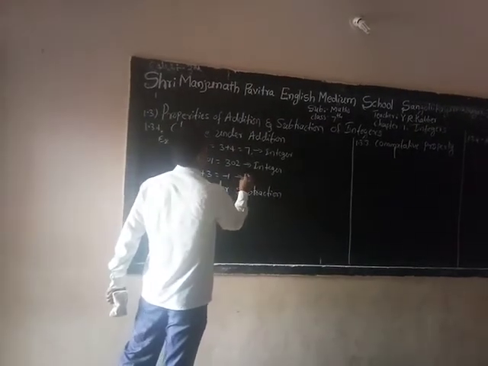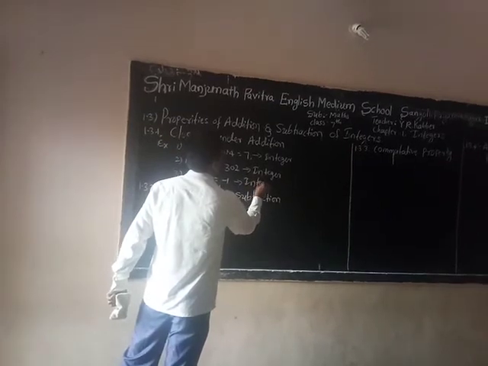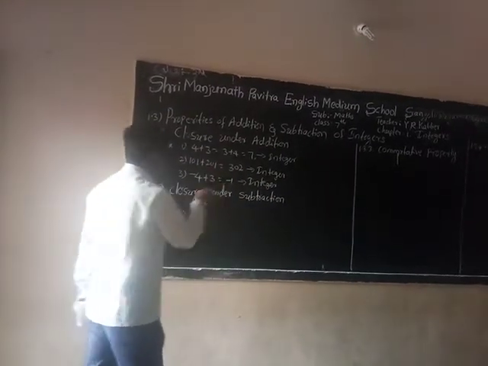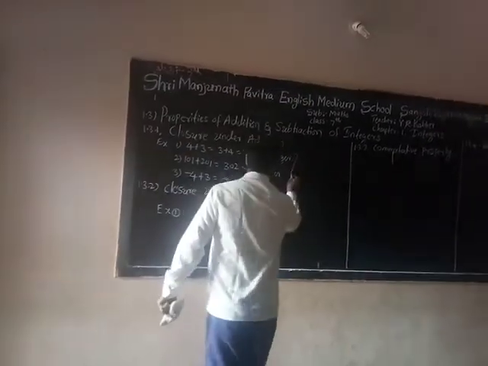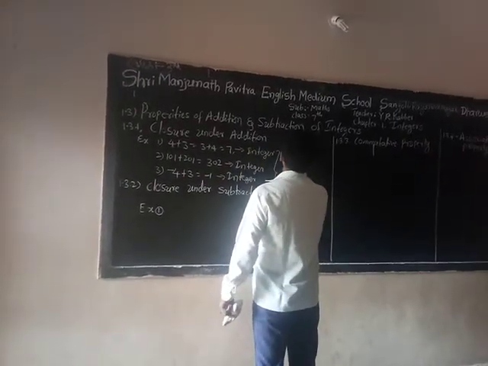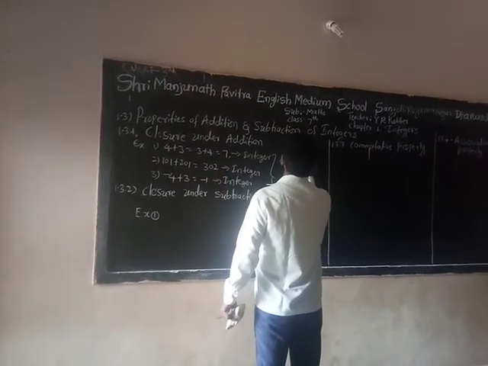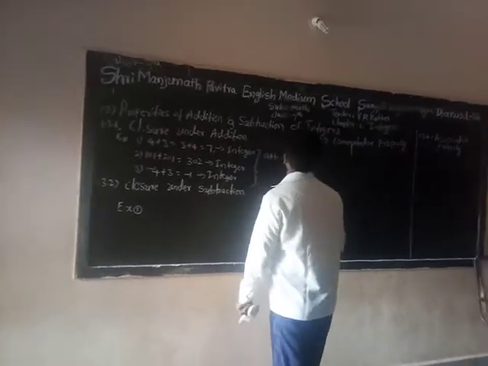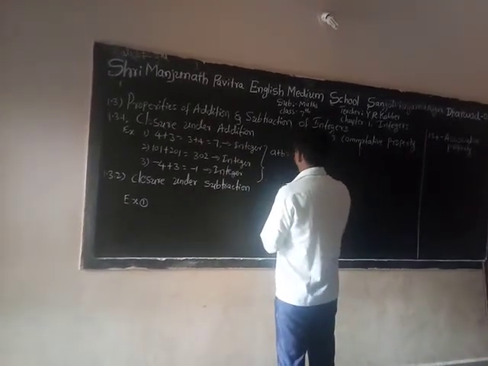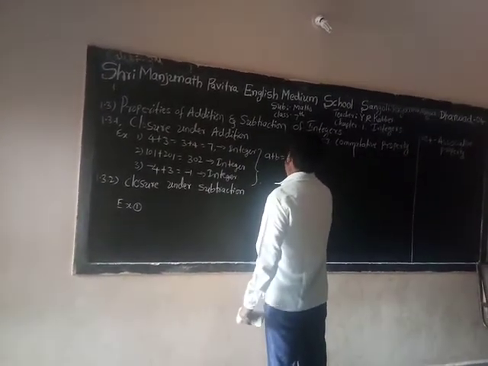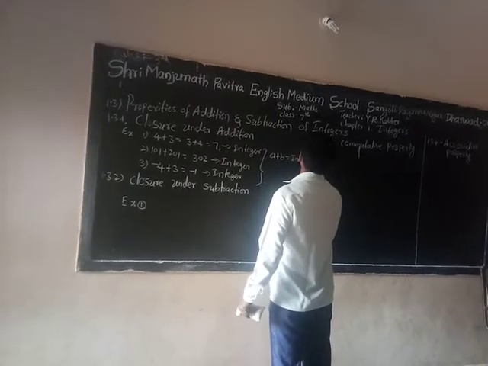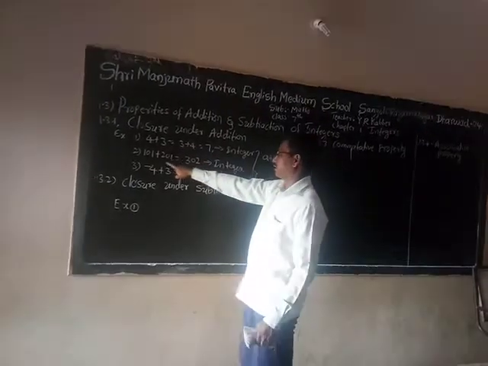It shows that according to the closure property, a plus b is equal to b plus a, and we get one integer. Okay, we are getting integers.